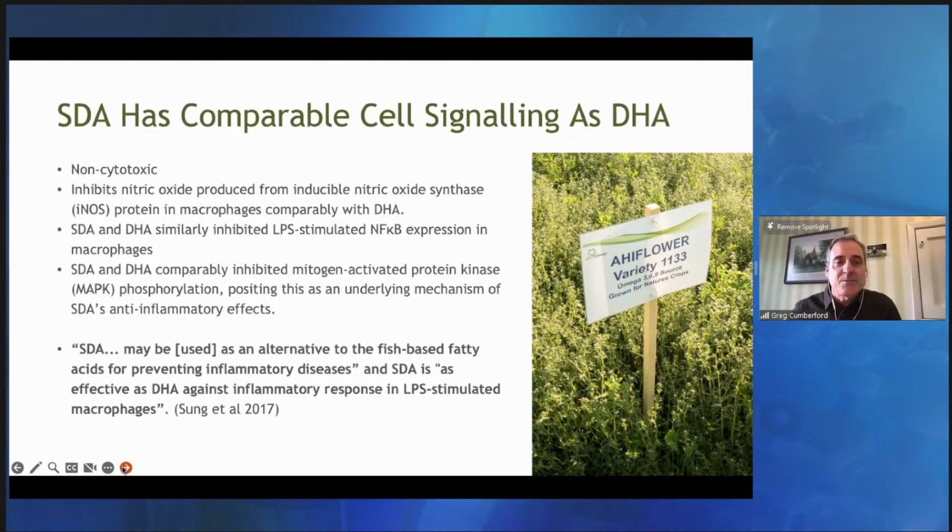SDA and DHA similarly inhibited LPS-stimulated NF-kappa B expression in macrophages. SDA and DHA comparably inhibited MAPK phosphorylation. And so they're positing it as an underlying mechanism of SDA's anti-inflammatory effects.